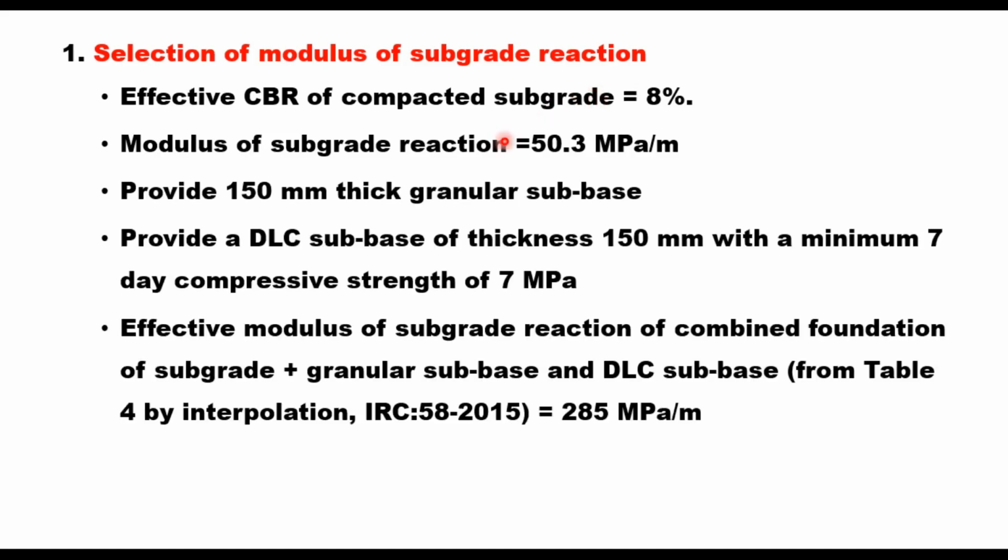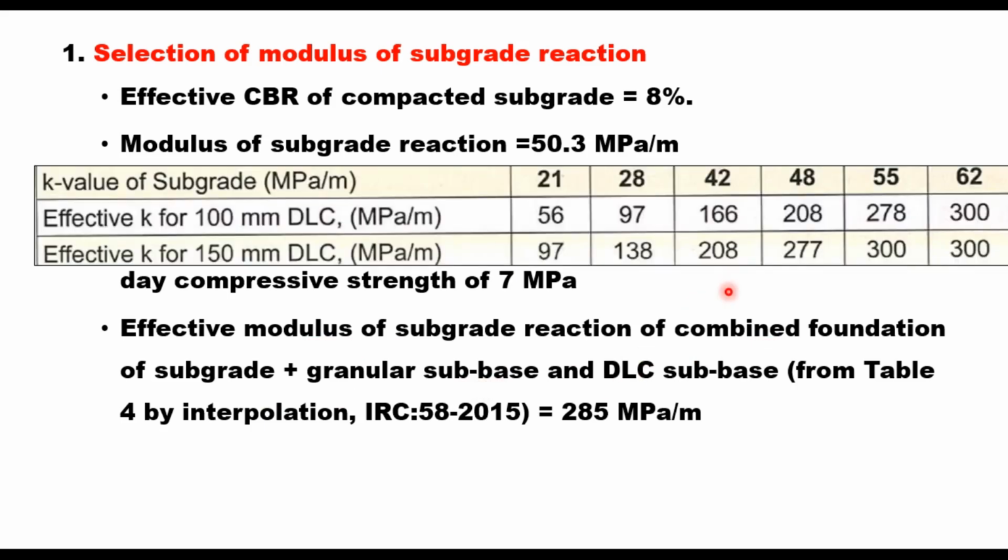Provide a 150 millimeter thick granular subbase. Let us provide a DLC base course of thickness 150 millimeter with a minimum 7-day compressive strength of 7 MPa as per IRC 58. So with these two layers, GSB and DLC, the effective modulus of subgrade reaction of the combined foundation of subgrade plus GSB plus DLC will be taken from this table.